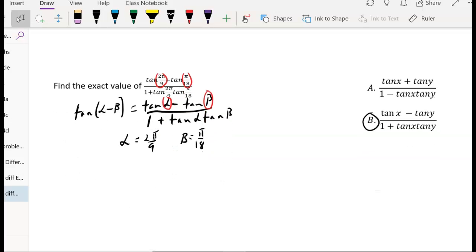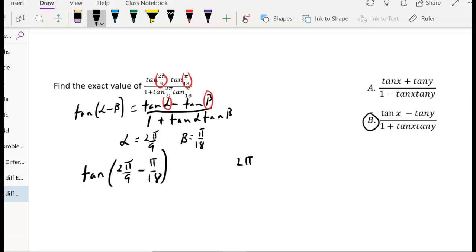So what we're really looking at here is just the tangent of alpha minus beta, or 2 pi over 9 minus pi over 18. And you could convert these to degrees, but I would rather just subtract the fractions here. I have to get a common denominator.